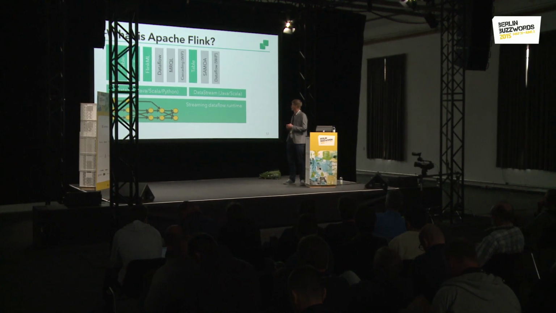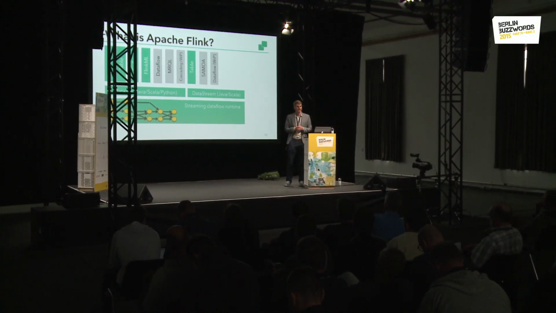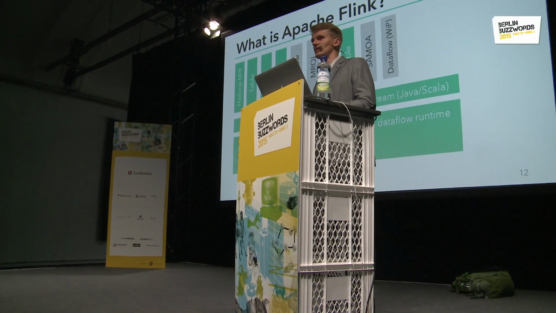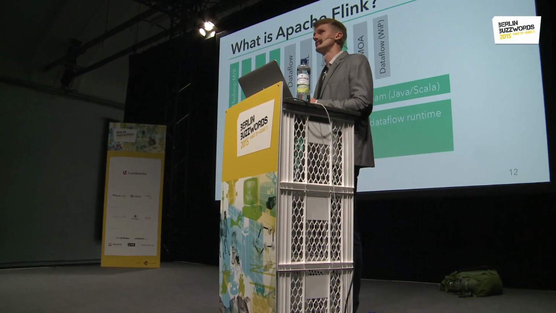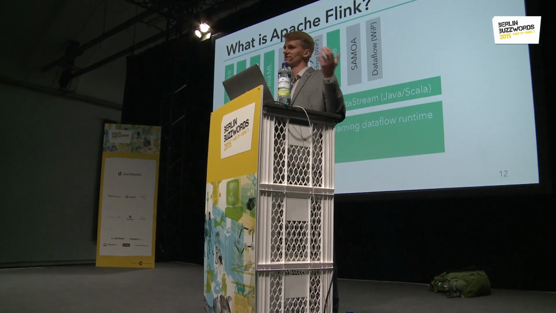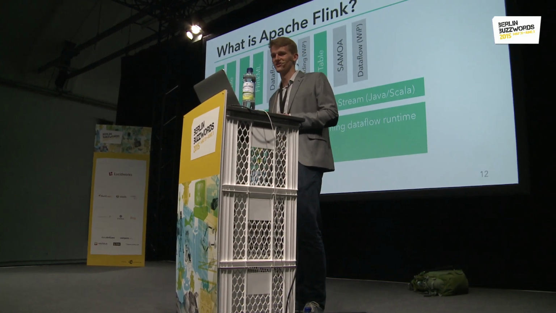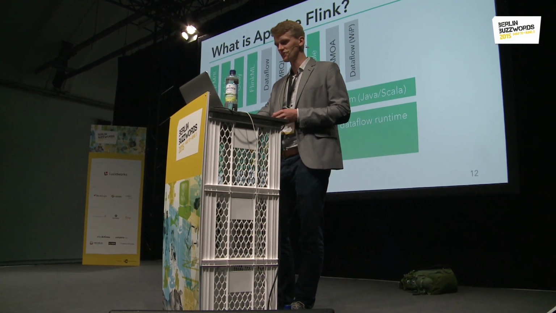And Flink was added as a stream processing engine to the Apache Samoa project. The Samoa project deals with streaming machine learning. So in that sense, Samoa brings streaming machine learning to Apache Flink as well. So that is really cool, actually.